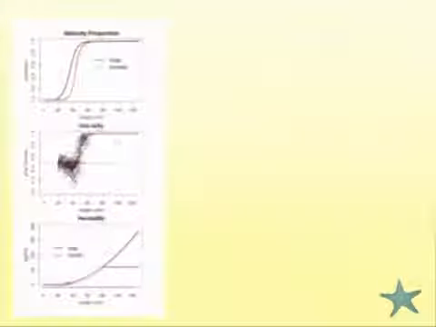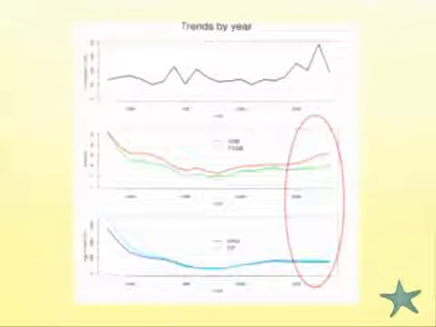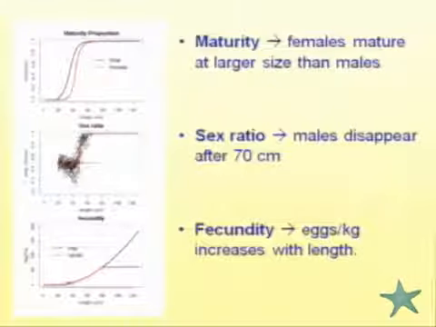So in these three plots, you have the biological information: the maturity proportions, the sex ratio against length, and the fecundity. For the maturity proportions, what we can see is that females mature later, at larger sizes than males.